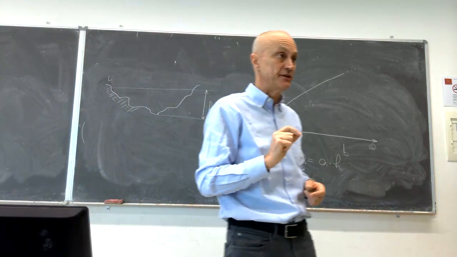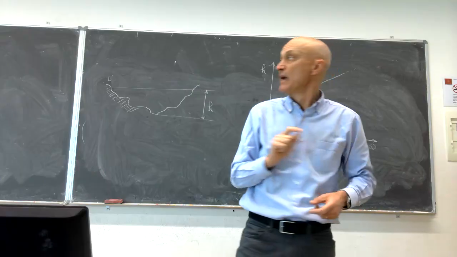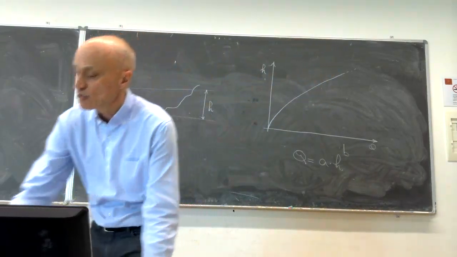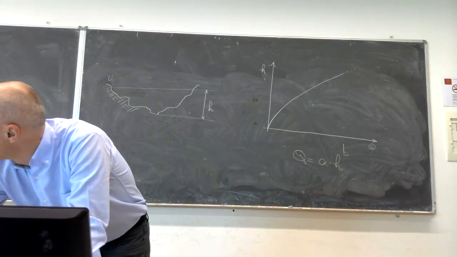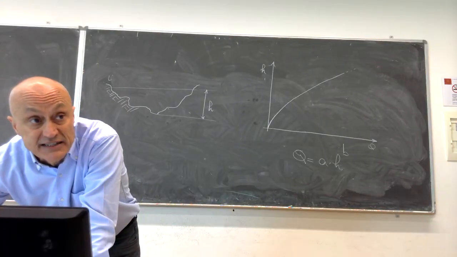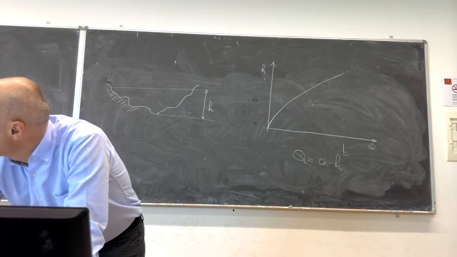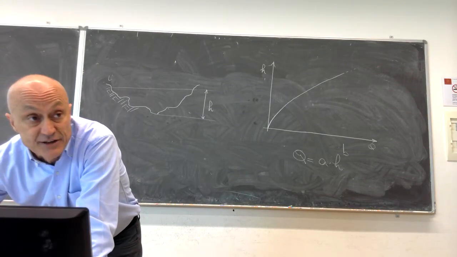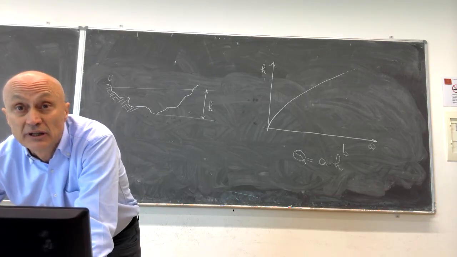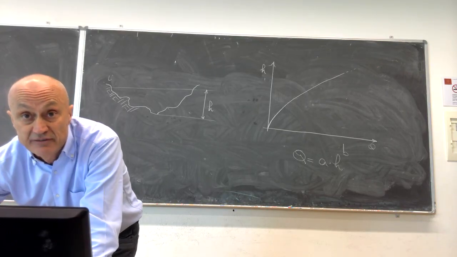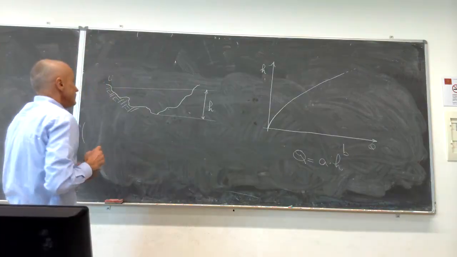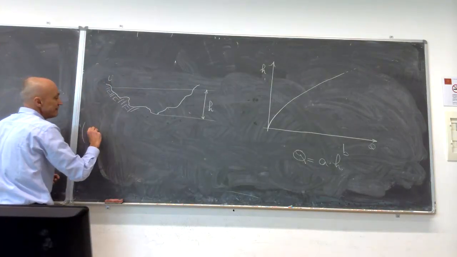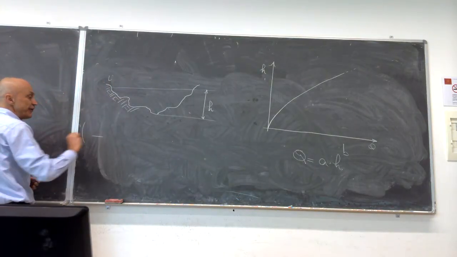H star is the stage, so what we called last week the water level. If you recall, water level is always referred to a conventional datum, the stage datum, okay? This is the stage datum, and H star is this.